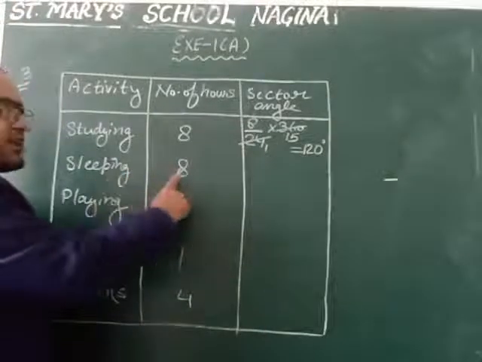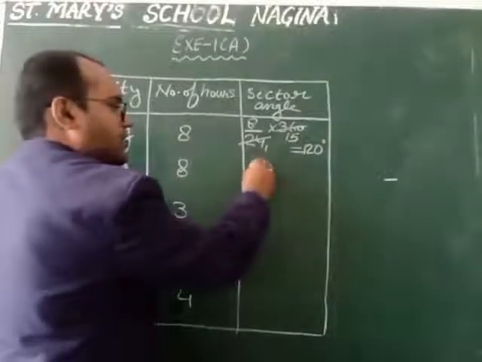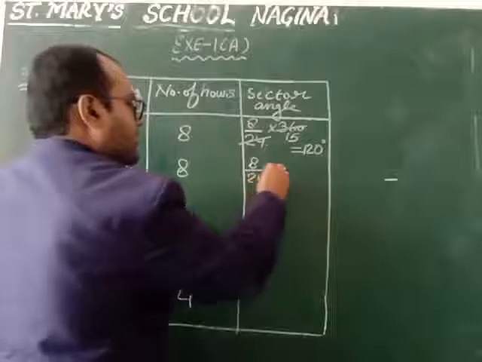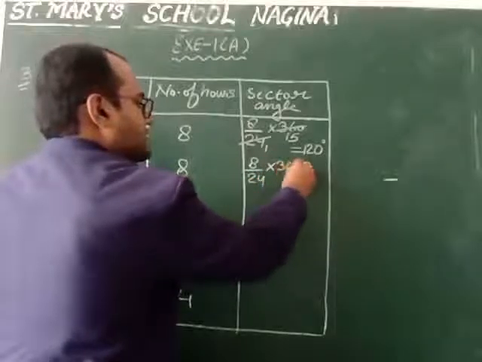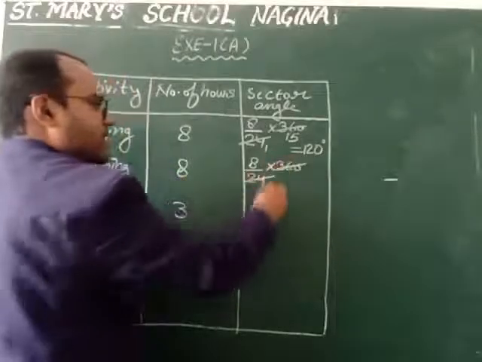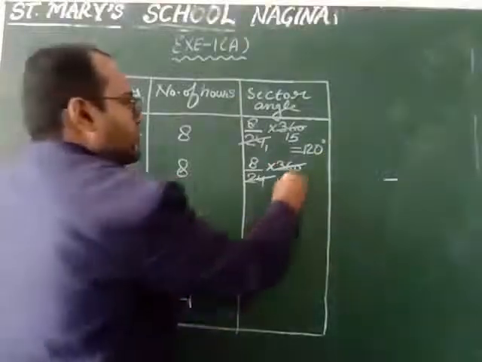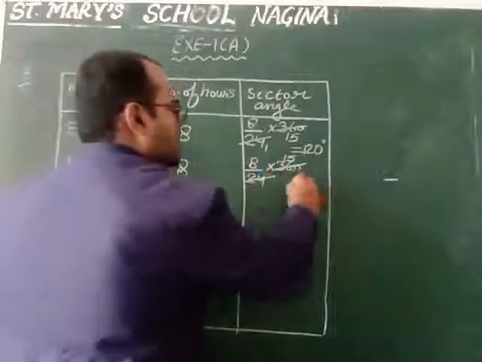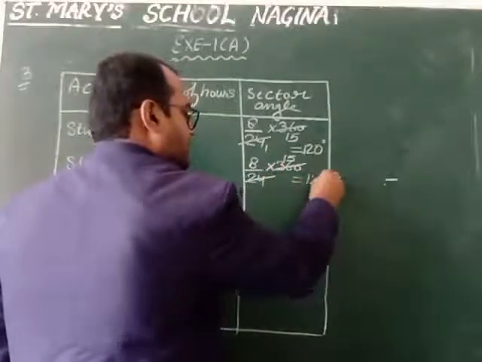Similarly, we have to find the sector angle for sleeping. Number of hours he sleeps, that we have to write in the numerator. Total number of hours in a day, that we have to write in the denominator. Multiply 360. Now 24 and 360 we will cancel. 24 fifteens are 360. Now 15 eights, we have to multiply, 120 degree.